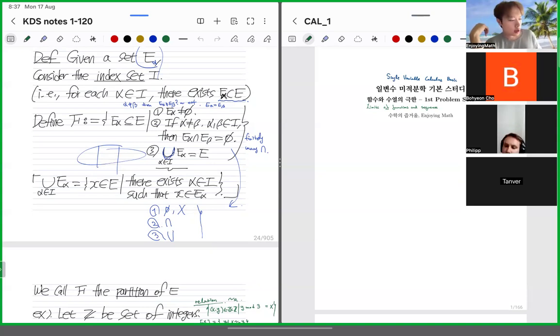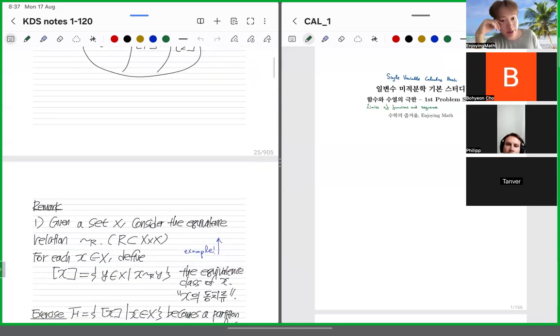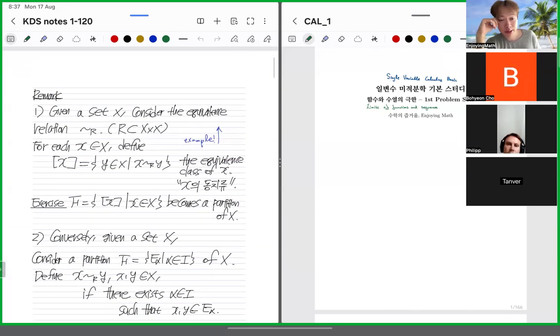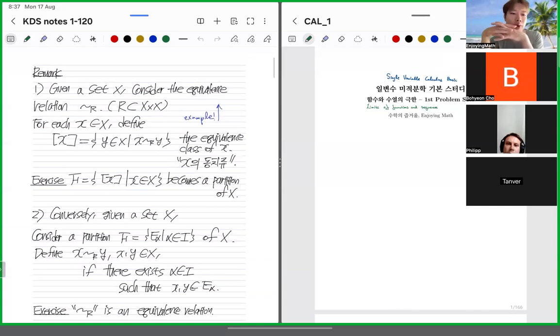And so we have to go through the exercise that equivalence classes become a partition of X. Tamfir, are you used to this correspondence between equivalence relation and partition? Yeah.